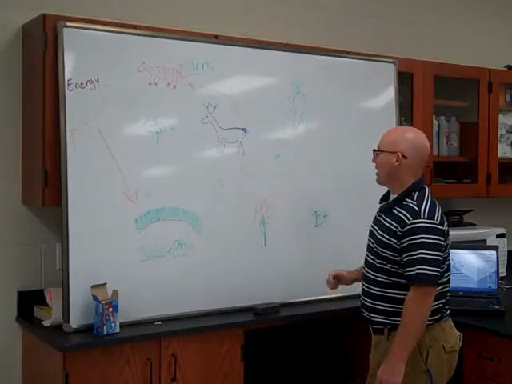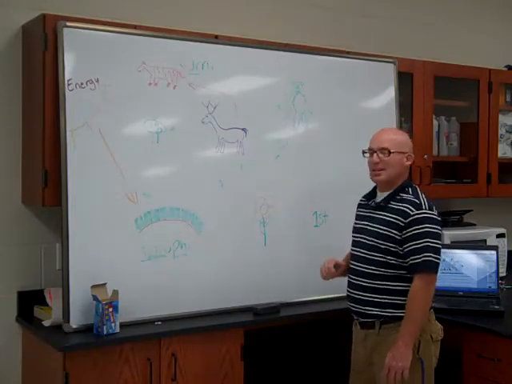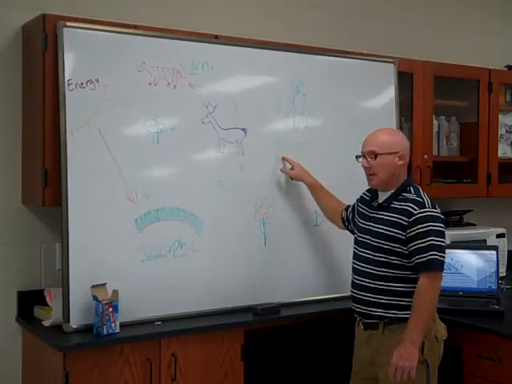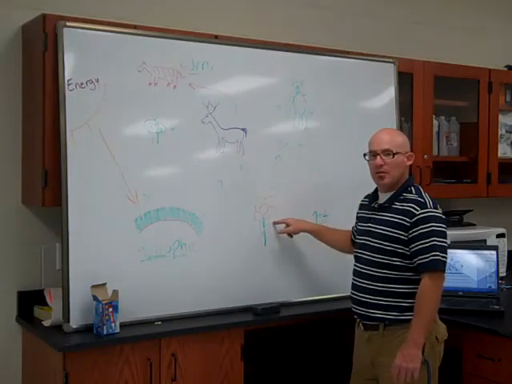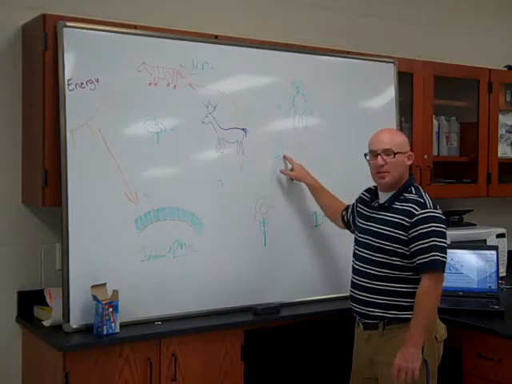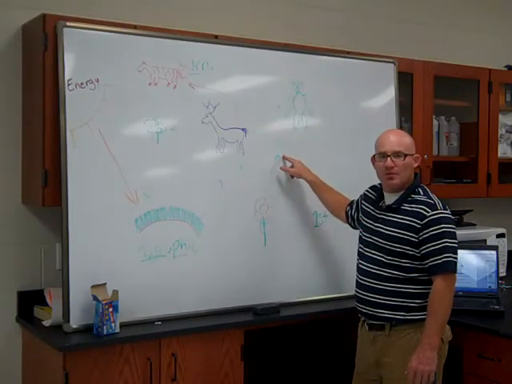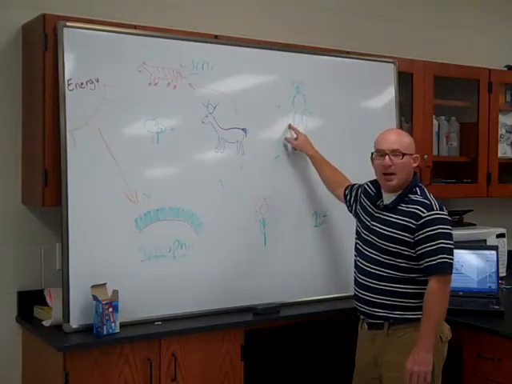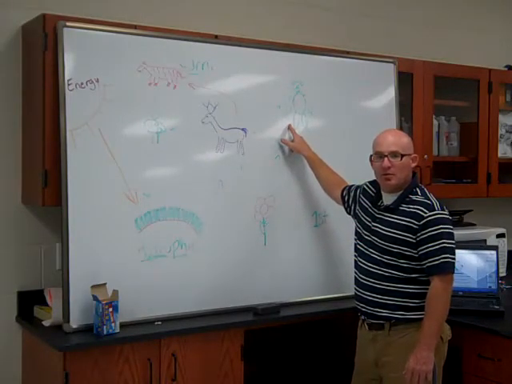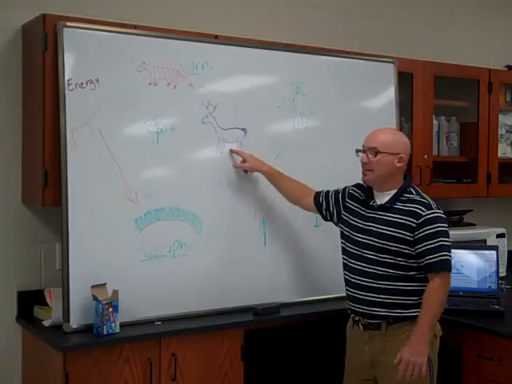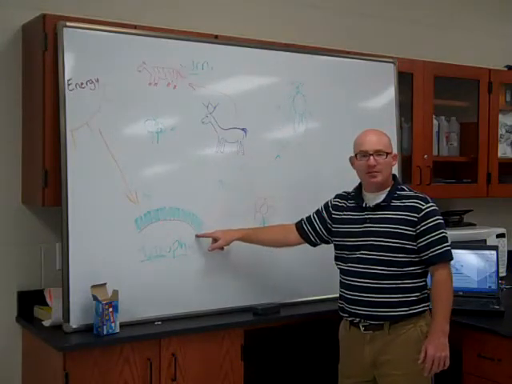But, all right, it could also be a secondary consumer if it eats the moth that ate the flower. Okay, so the bear eats the moth that eats the flower. So in this case, the moth is the herbivore, the first level consumer, and the bear is the second level consumer. But it's a different food chain than when the bear ate the deer that ate the grass.